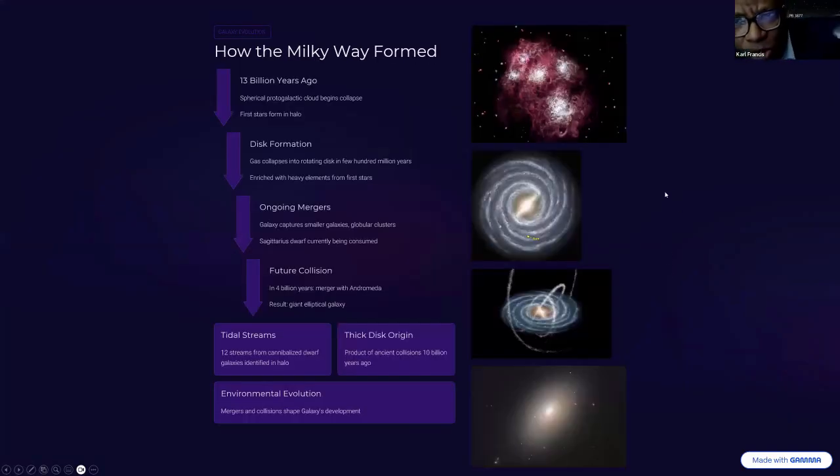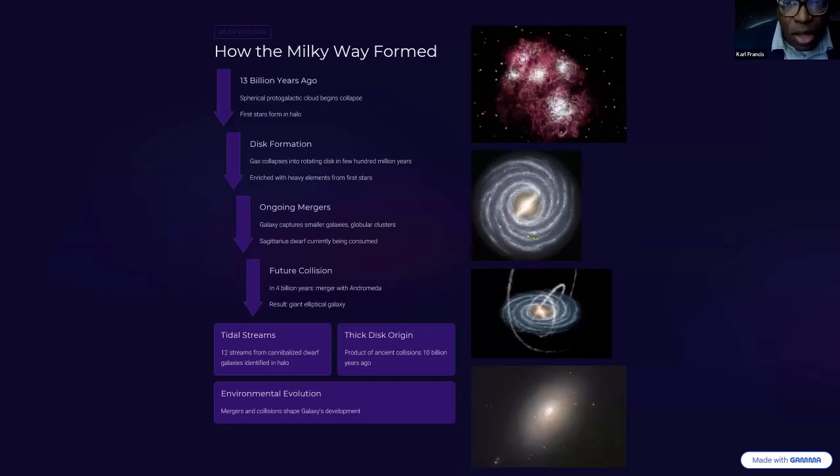All right, now let's get back to the galaxy. About 13 billion years ago, that's this image here, right? We just had a kind of spherical protogalactic cloud that begins to collapse. Remember, we had this huge cloud of hydrogen, and this is back 13 billion years ago. So there hasn't been a lot of heavy element production.